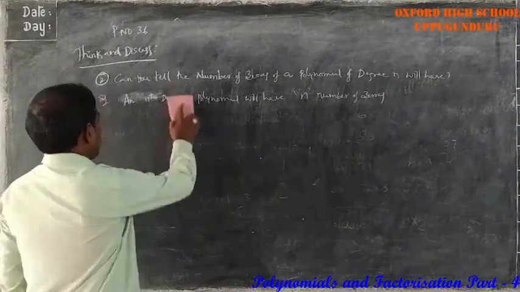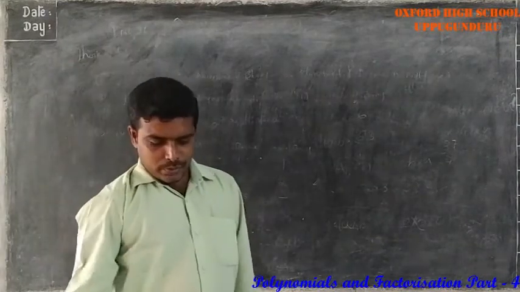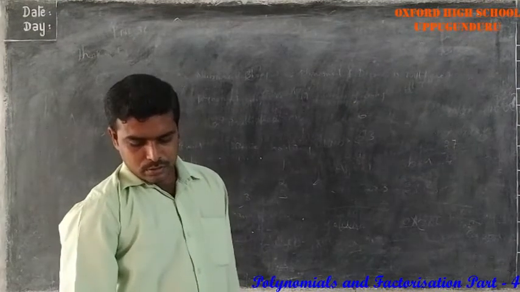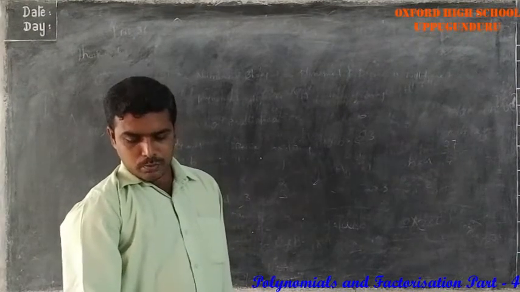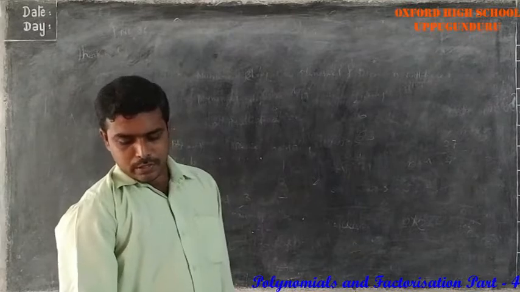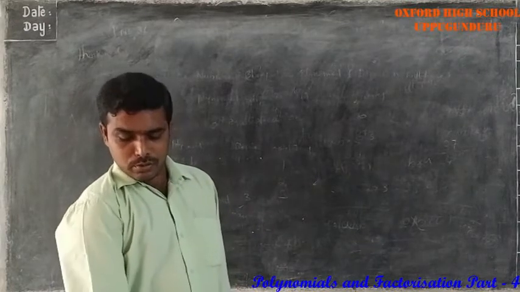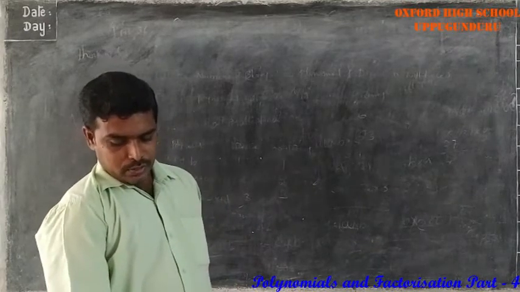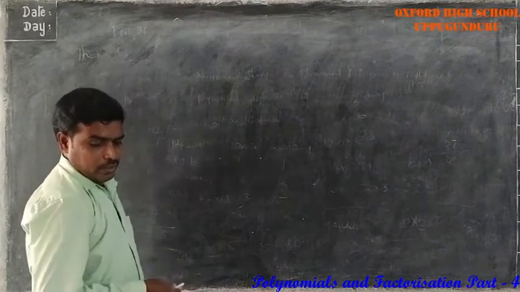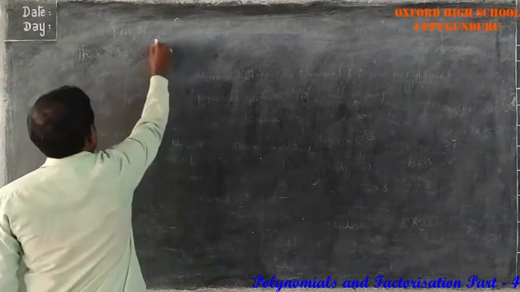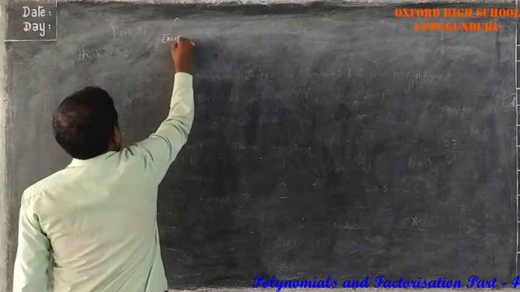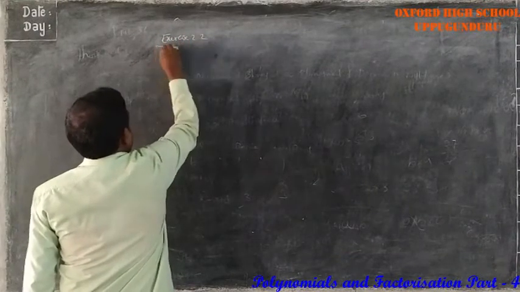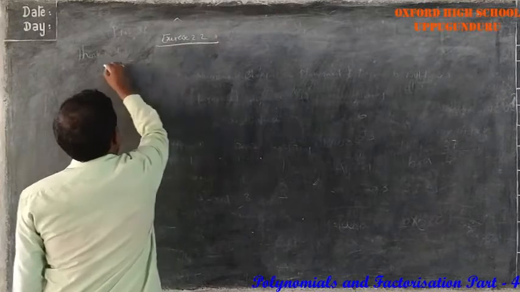Next, exercise 2.2. In exercise 2.2, each Roman will have more than 2 problems. For each Roman, I will tell you some problems and the remaining problems you have to do. First I will tell you exercise 2.2, first problem.